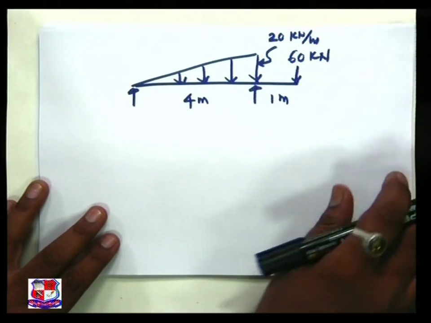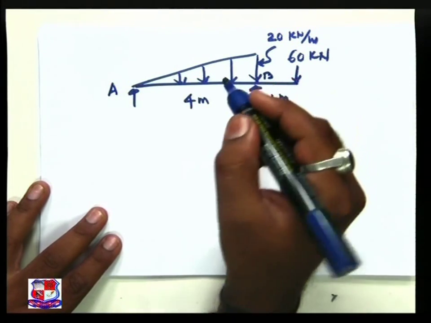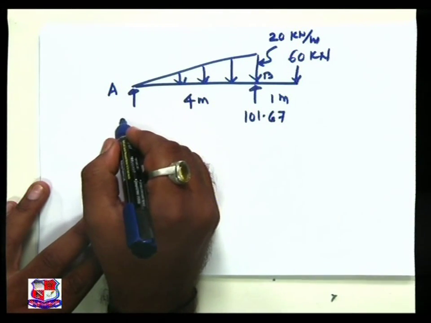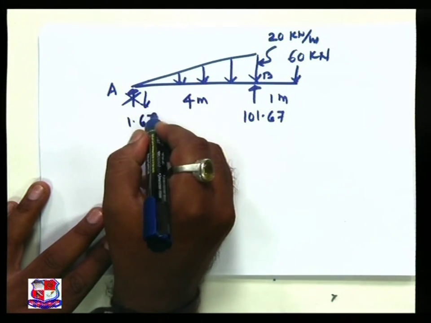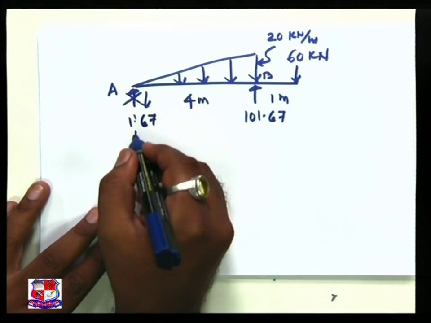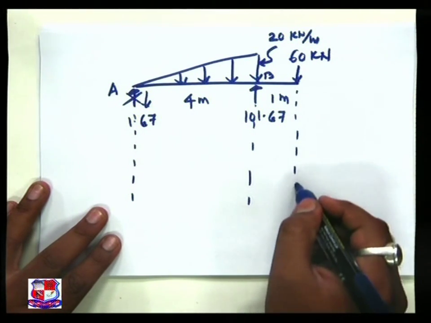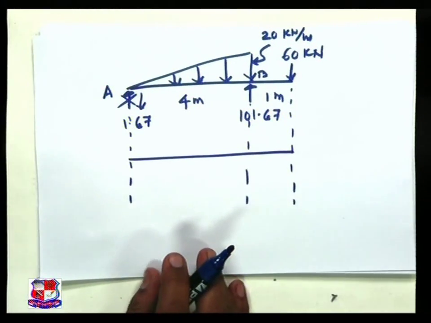This is the beam which has been given to us, this is section A, this is section B, RB is 101.67, and 1.67 is acting in the downward direction. Our intention is to plot the shear force and bending moment diagram.